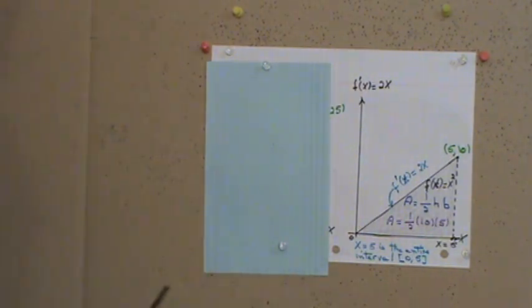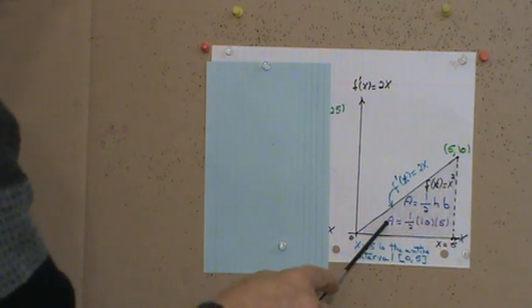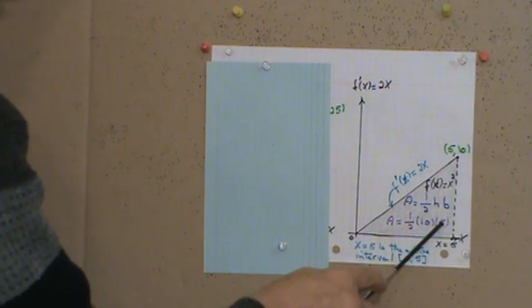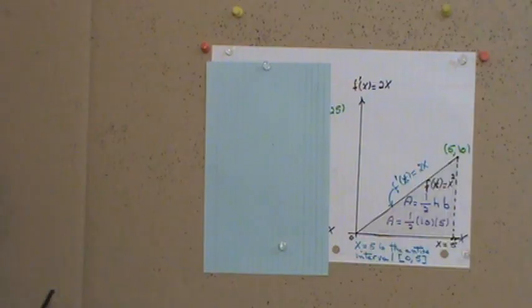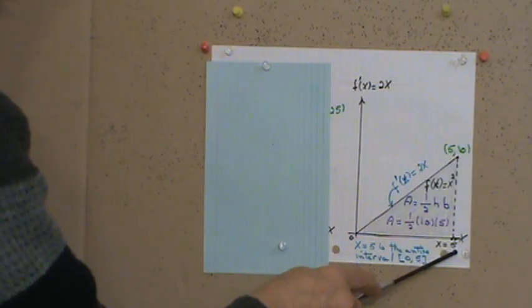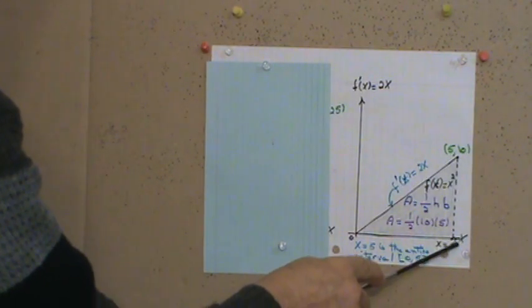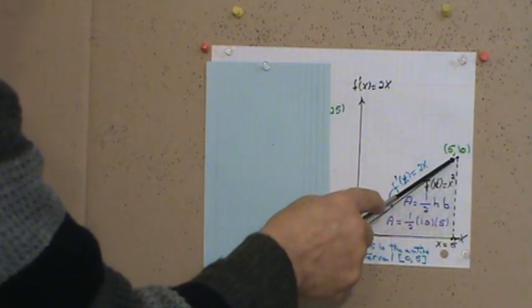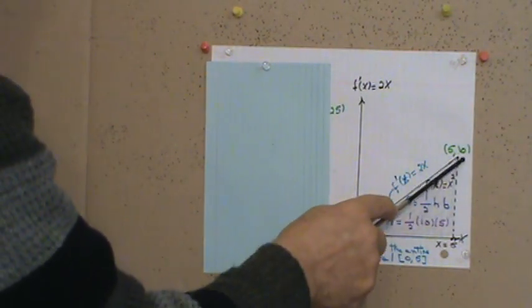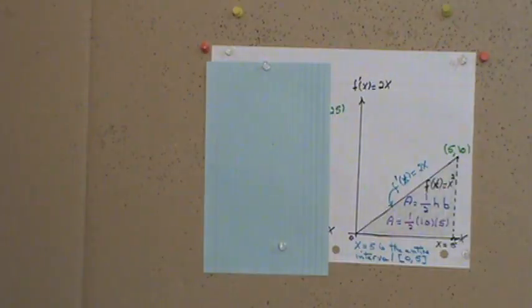And then look what happens. The area of this geometrical figure, which is a right triangle, is what? It is 1/2 height times base. So, for instance, if I give 5, the height of that will be what? It will be 10. So the height of this right triangle is 10.